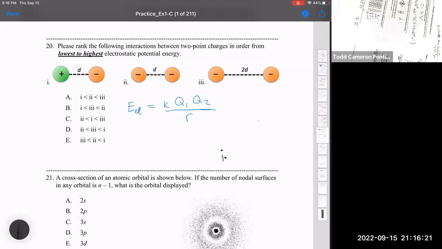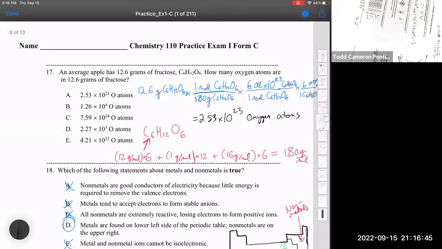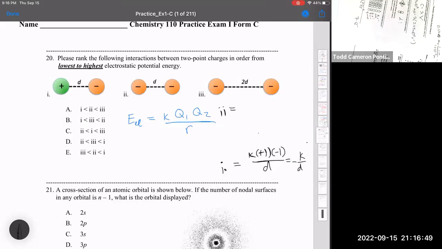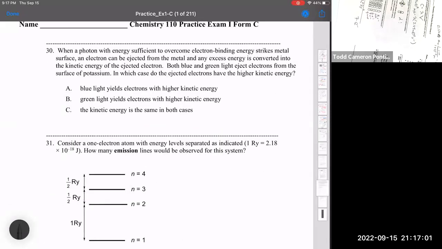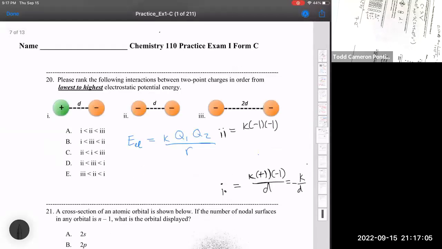The energy is equal to K, and then we've got +1 times -1 all over D. This ends up equaling -K over D. For system 2, it's K times -1 times -1 all over the distance D. This is going to equal +1 K over D.